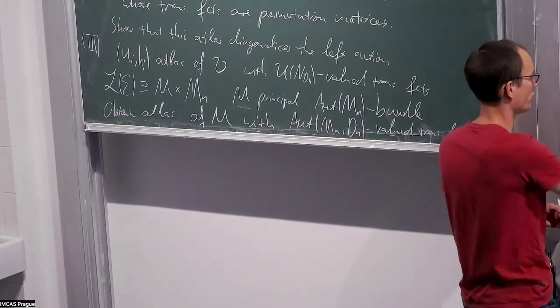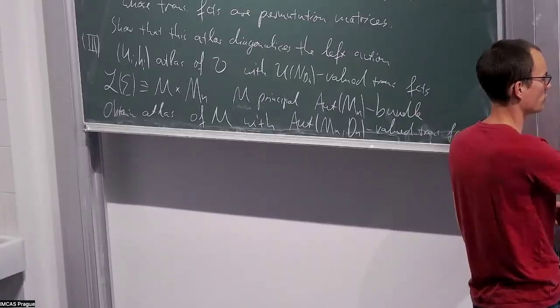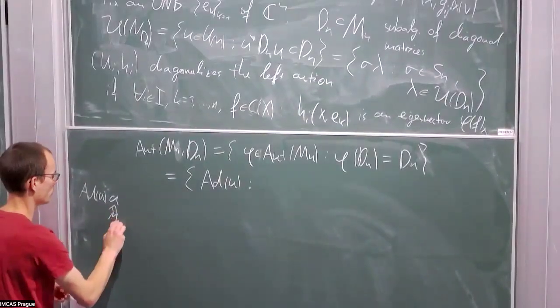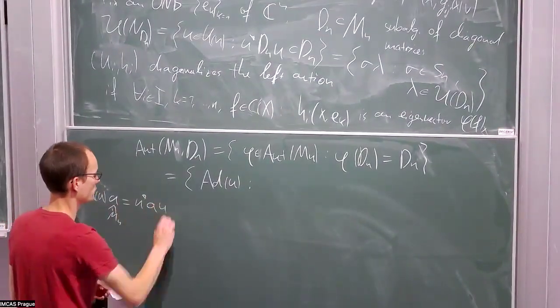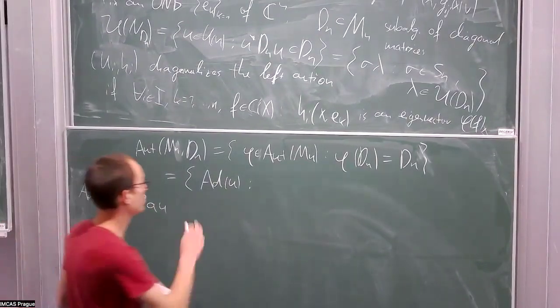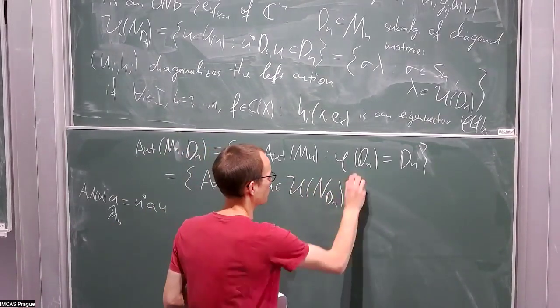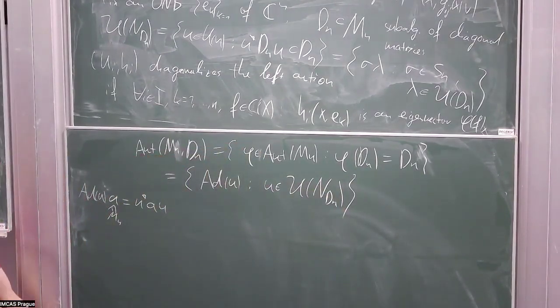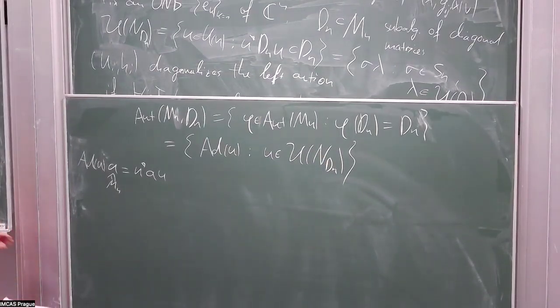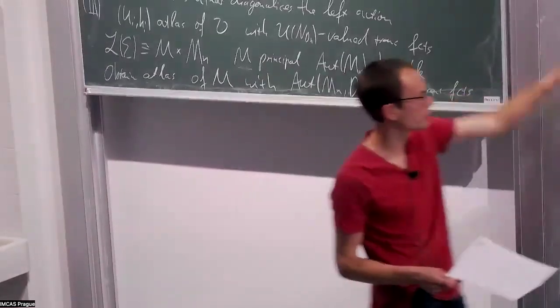So this group is nothing but all of those automorphisms, the automorphism of M_n that sends a matrix A to U* A U, which are implemented by unitaries in the group that we considered. And that's why, if the transition functions of this atlas are in here, then the transition functions of the induced atlas will lie in this group.